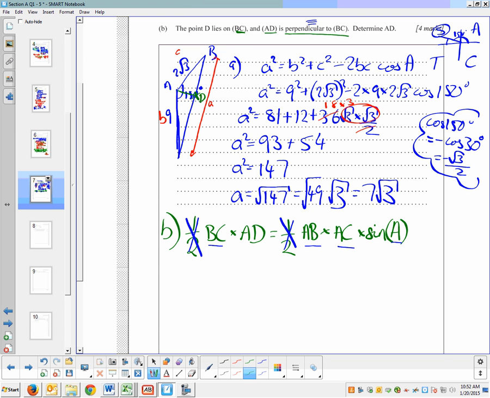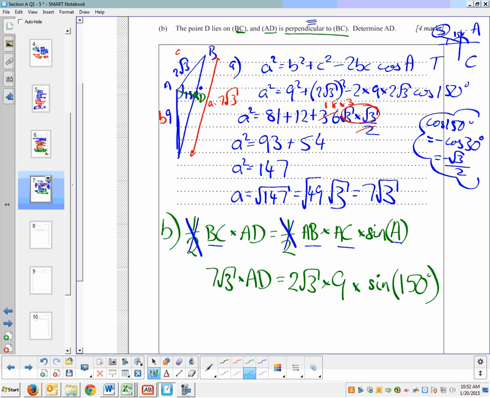So BC is, I haven't written it on the diagram, but we just worked it out, it's 7 root 3. So I've got 7 root 3 times AD is equal to AB, which is 2 root 3, times AC, which is 9, times sine of 150, which is a half.